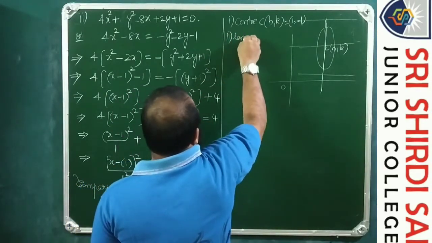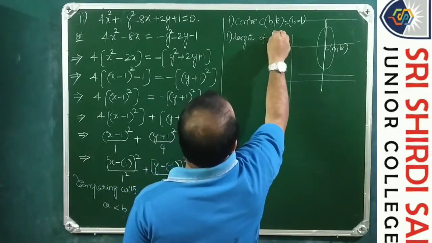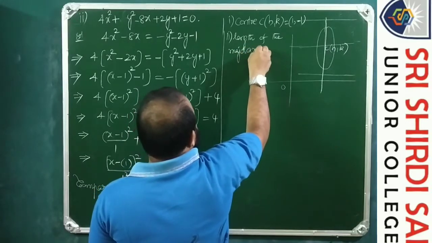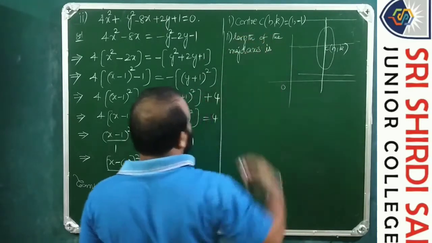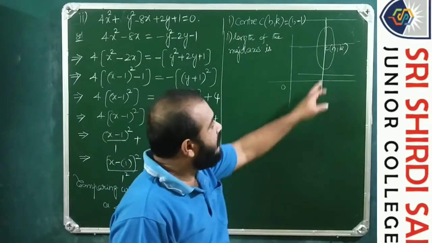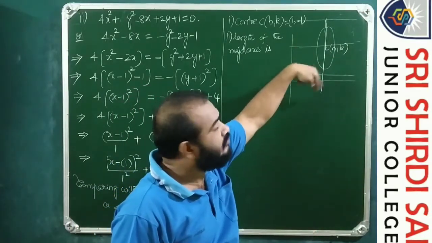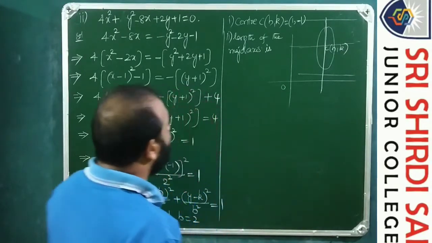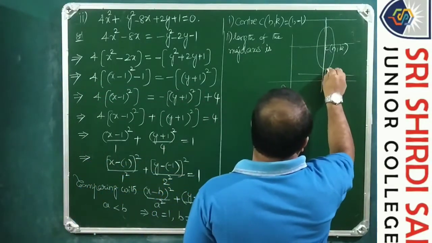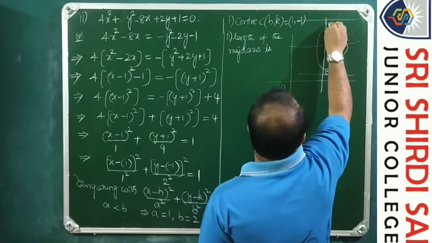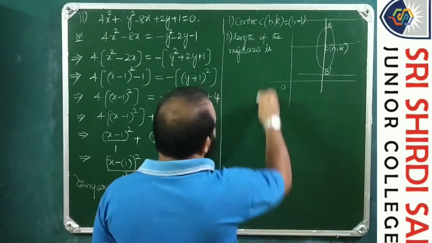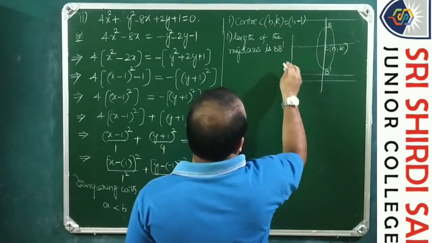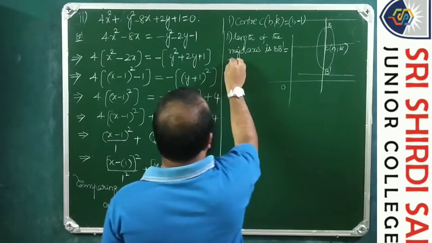Length of the major axis is, what is the major axis here? Major axis is along y axis, parallel to y axis. So therefore this is b dash b. So what is b dash here? b dash is equals to 2b.